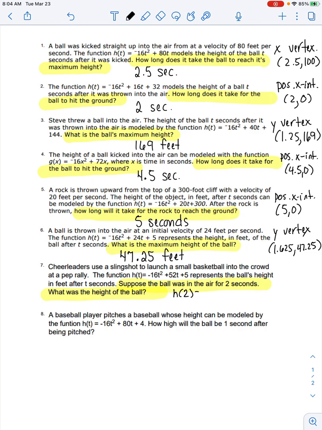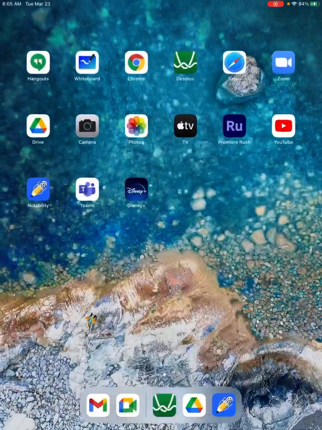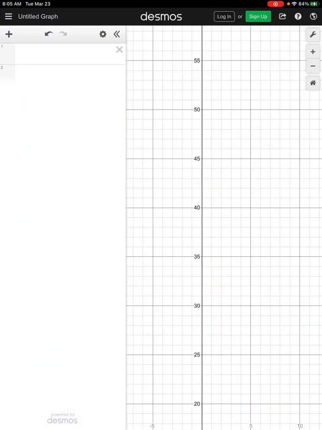So I want to find h of 2 equals negative 16t squared plus 52t plus 5. H of 2 equals negative 16 times 2 squared plus 52 times 2 plus 5. We can plug that straight in our calculator. We can also work that out by hand, but right now I want you to use your calculator.